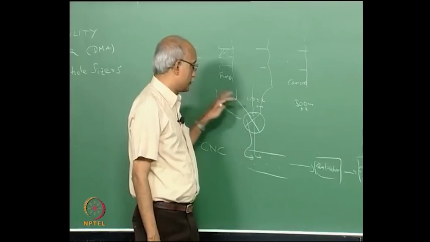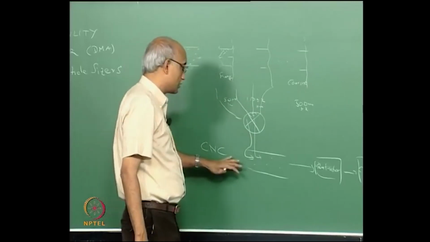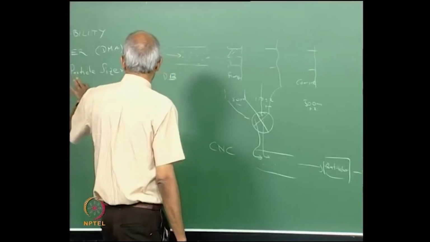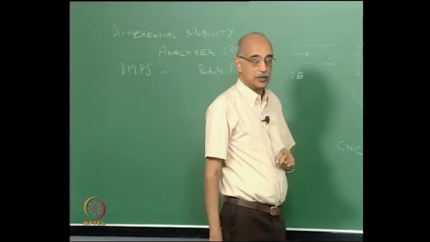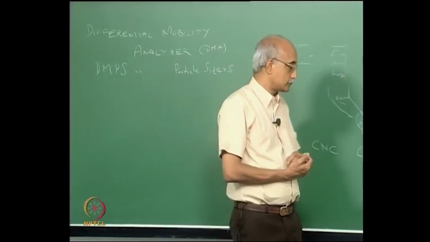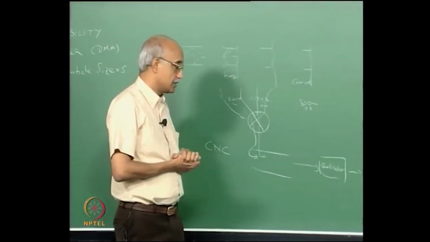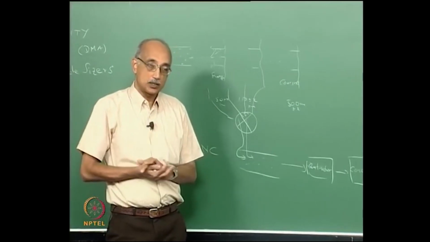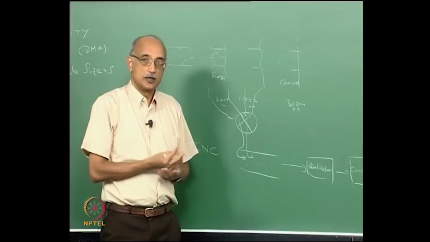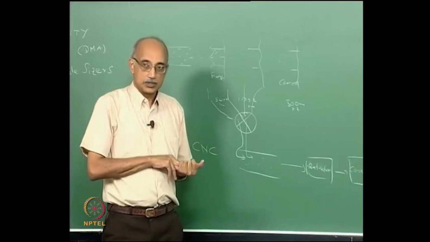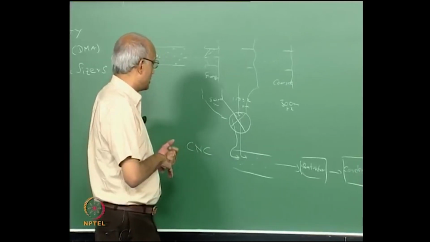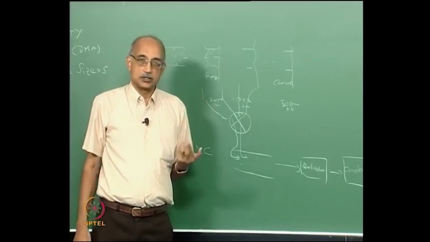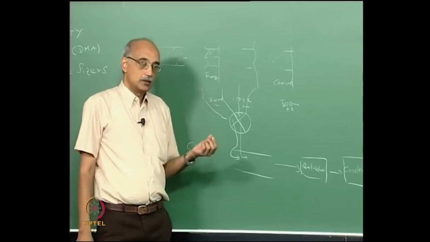So this setup, when you combine the diffusion battery in combination with the condensation nuclei counter, is what we call a differential mobility analyzer or a differential mobility particle sizer, and it can give us reasonably conclusive data on the size distribution of the particles that were originally present to begin with before you started condensing material onto it. In order for this to work in an absolute sense, you still need to do some calibration, either experimentally or theoretically.